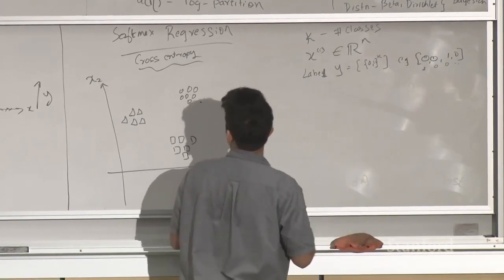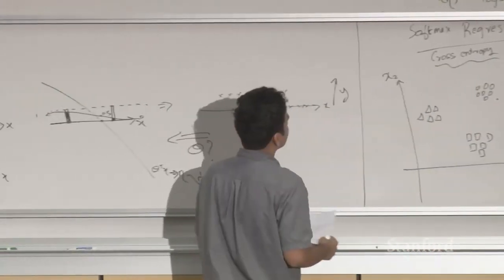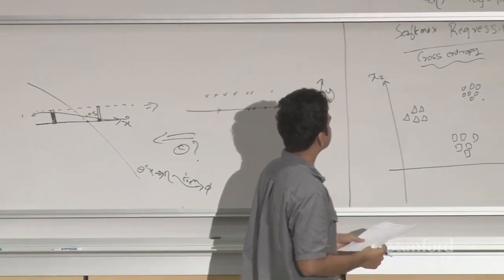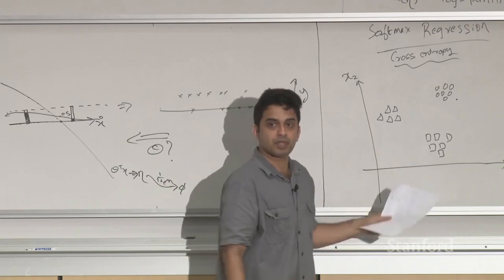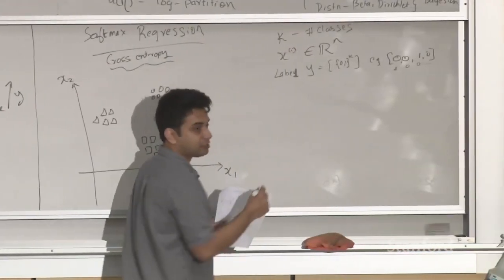And the way we're going to think of softmax regression is that each class has its own set of parameters.